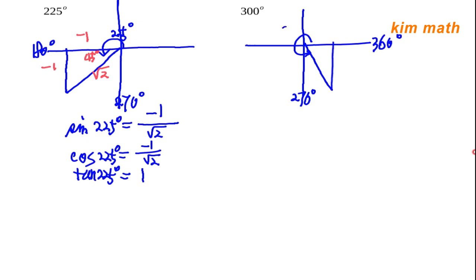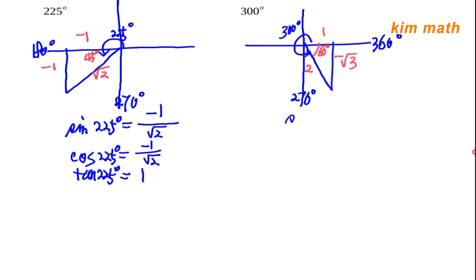Now this is 300. So one more time, reference angle is 60, right? Wow, 60, special triangle. This is 1, this is 2, this is radical 3. One more things, can you decide which one is negative? Yes, correct. This is negative. Okay?